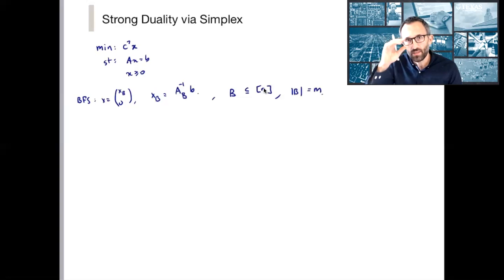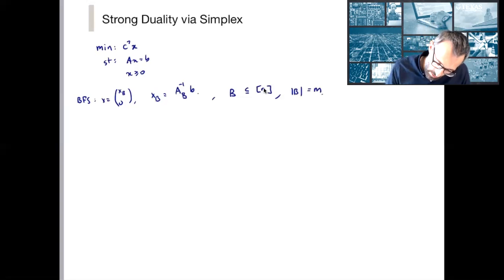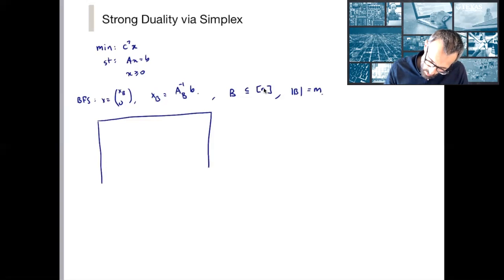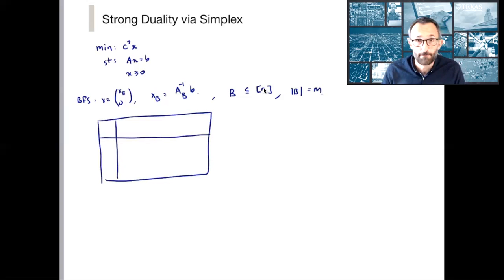And let's recall very quickly what the simplex algorithm does. It keeps updating, and in here we've got X_B, which is equal to A_B inverse times B. That's what's sitting here, and these are always non-negative because the simplex algorithm goes from basic feasible solution to basic feasible solution.